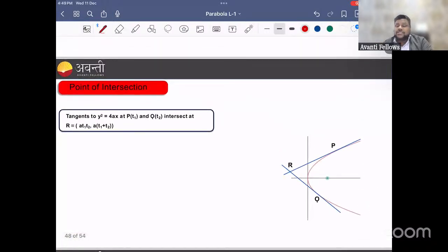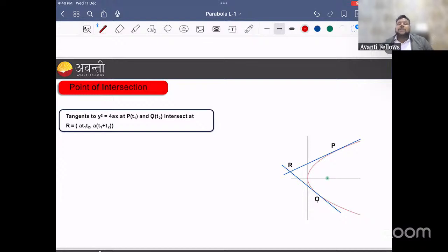Now, again a very important point. See, this is a chapter where there are so many things to remember. You just cannot ignore things and say that yes, I will derive it in the exam. No, you cannot do it. Everything cannot be derived in the exams. Like you must remember that ends of a focal chord have parametric relation t1 t2 equals minus 1. You should know the length of the focal chord is a times t plus 1 by t whole square.